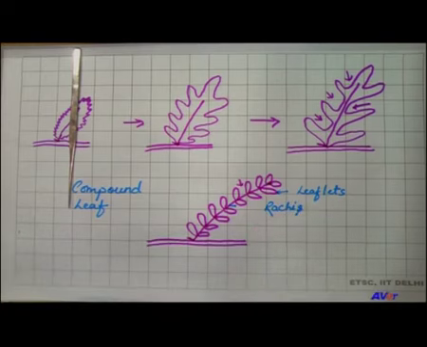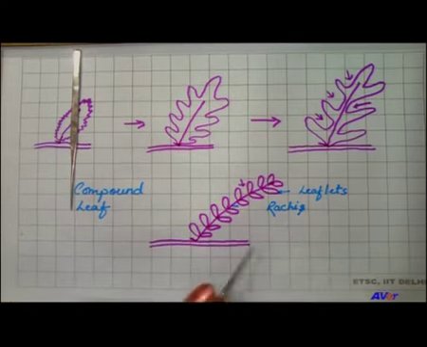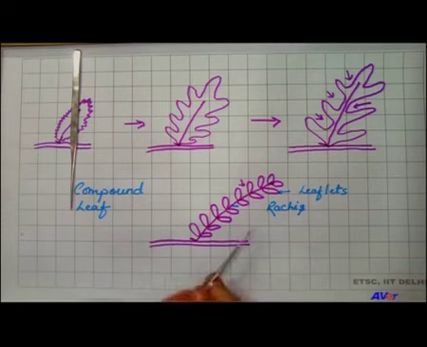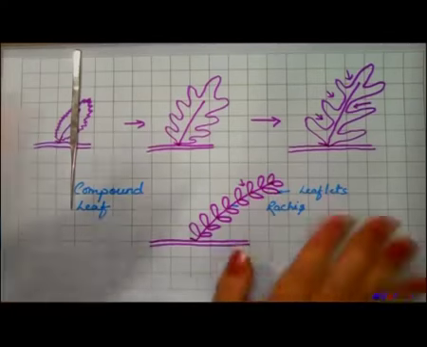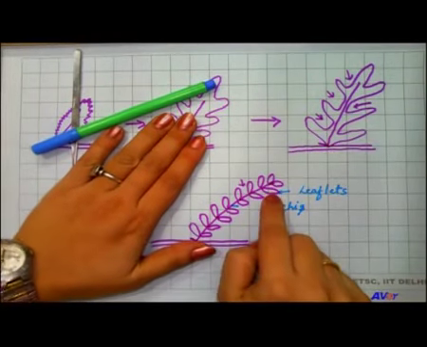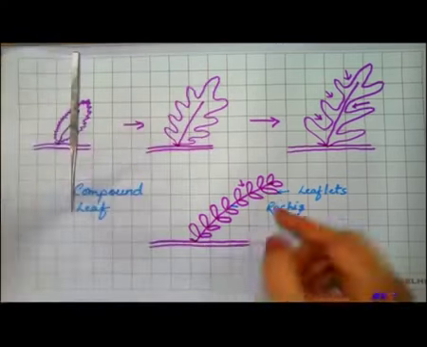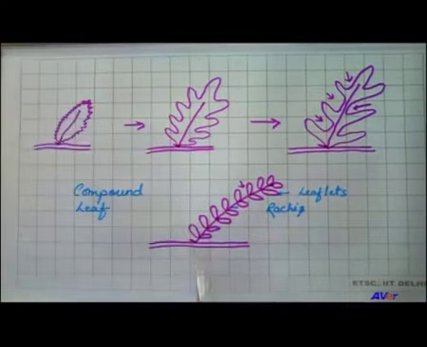The question that arises is, just by looking at this very structure, any leaflet for that matter, can you tell whether it is a leaflet part of a compound leaf or is it a simple leaf? Can you answer this question? The answer lies in the axillary bud.